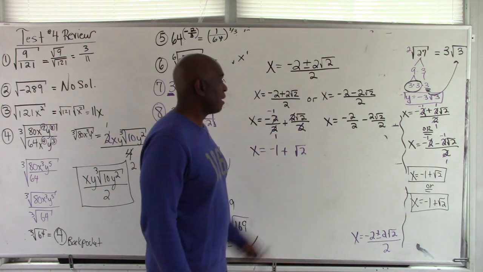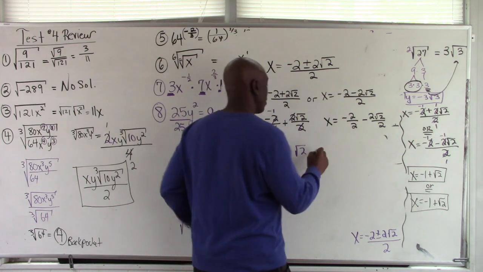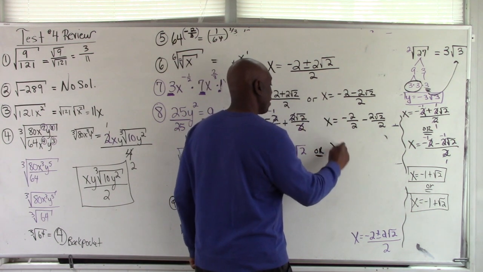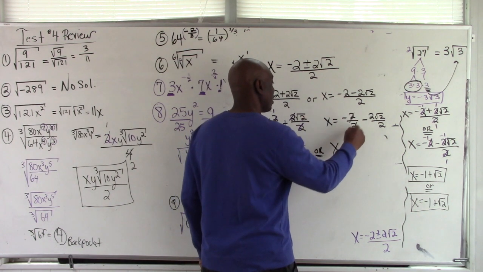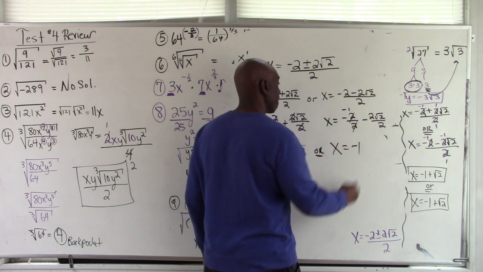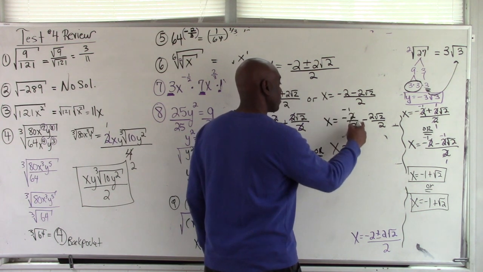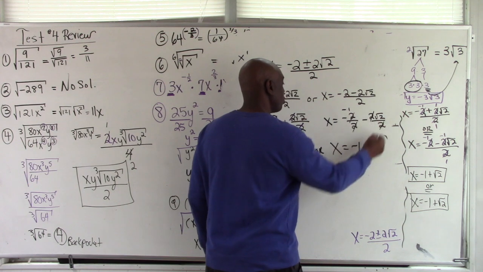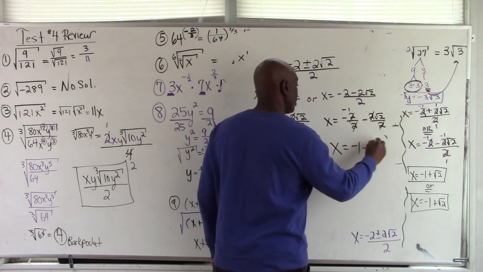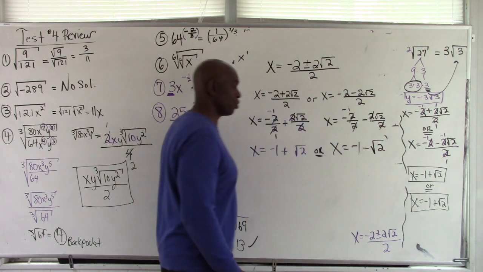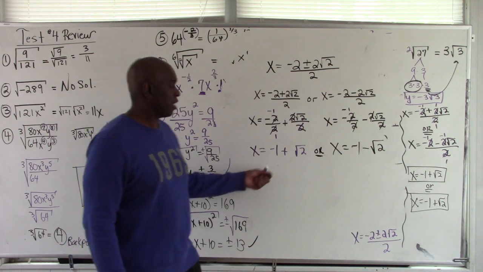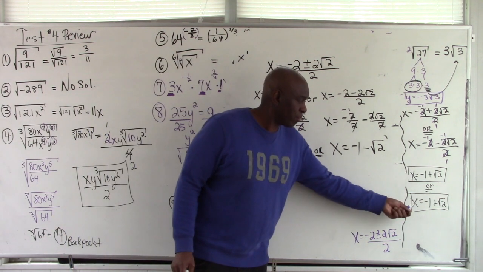You see that? Same thing is true over on the other side. Or x equals, that goes to negative 1. And then this stays negative, and 2 divided by 2 is 1. So it's going to be negative 1 minus root 2. And so there are two answers that we have right here, oh wait.